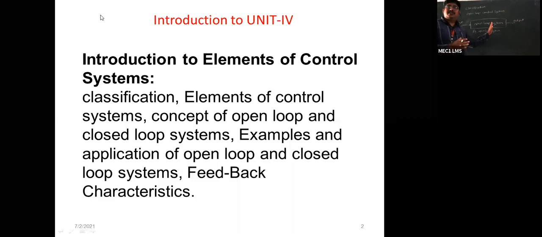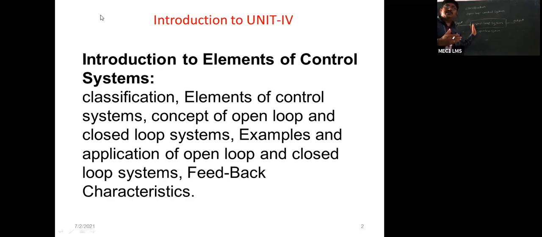So in the open system, we cannot get the accurate value. It is nothing but a physical system, and it does not automatically correct the variation in the output. We discussed previously that the output quantity, the physical variable, varies by varying the input, which is some external disturbance.